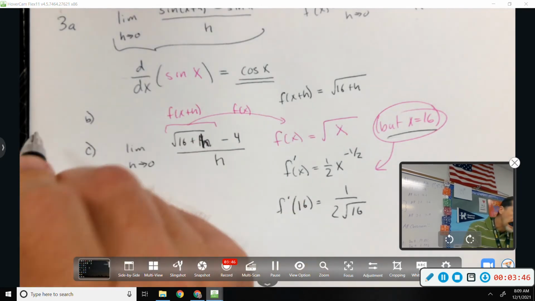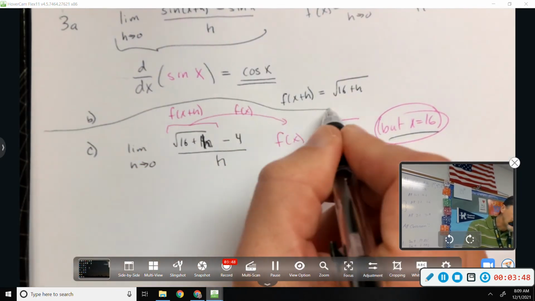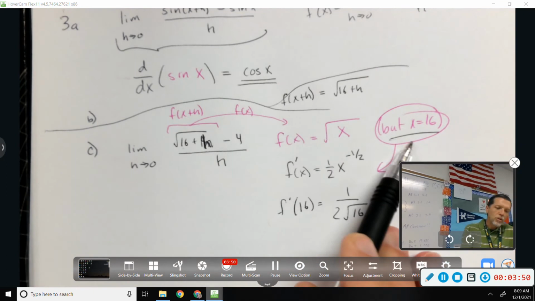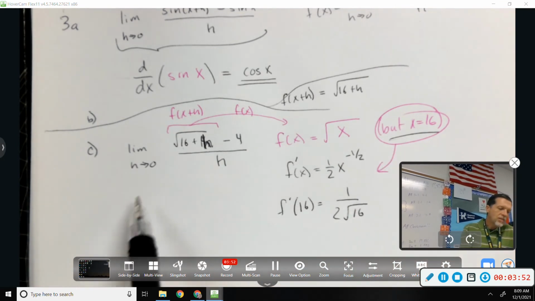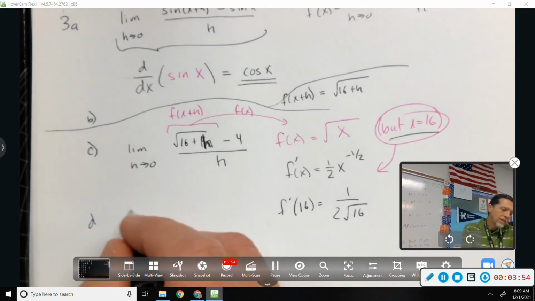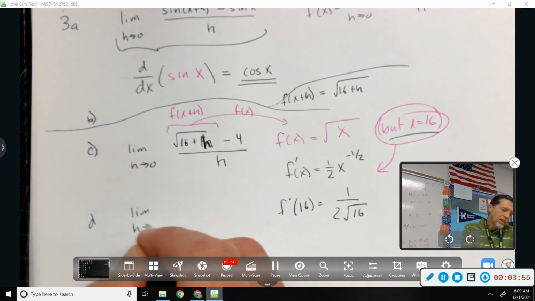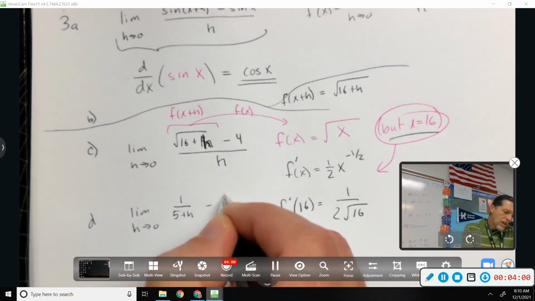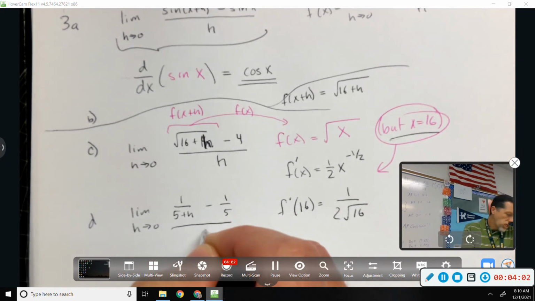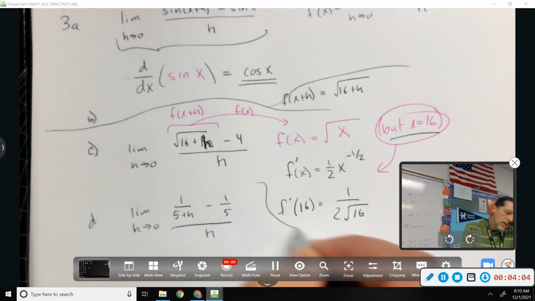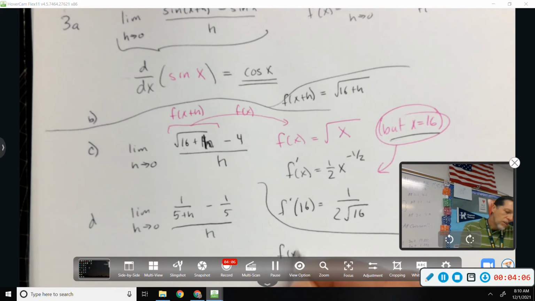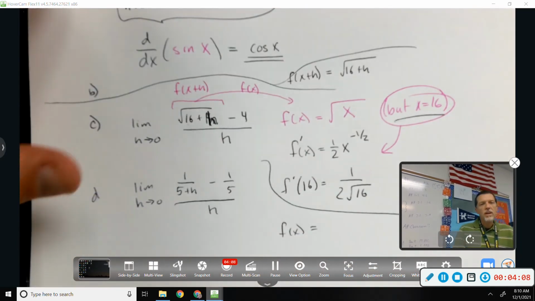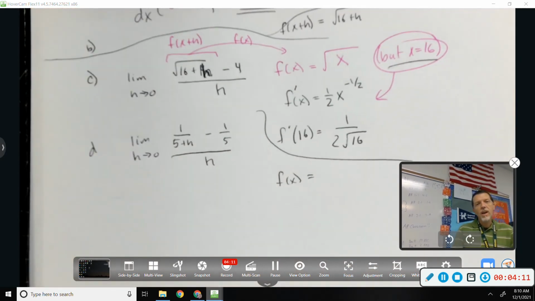So A and B are similar because they don't have that substitution back in problem. C and D are similar because they do have that issue. So for part D, what is f of x equal to in part D?